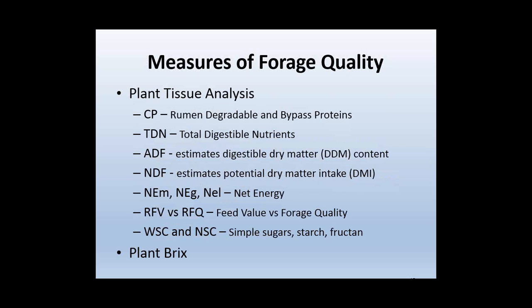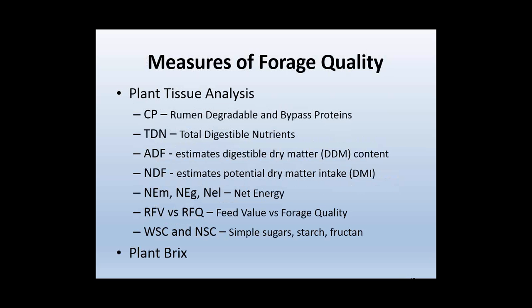And you can also determine your carbohydrates, such as your water-soluble carbohydrates, WSC and NSC, which are measures of your simple sugars, starches, and fructans in the forages. Now, for these, the average producer is going to have to collect forage samples, send them off for analysis, and get the analysis back.